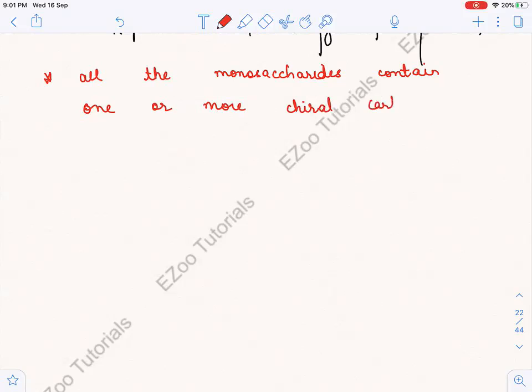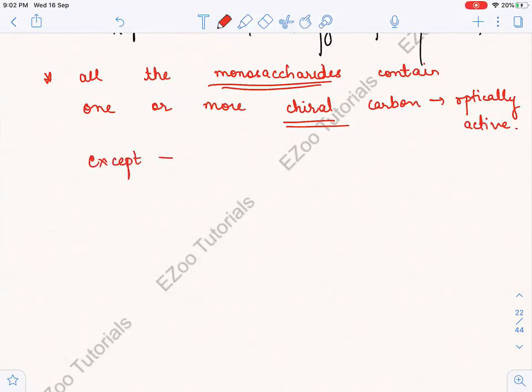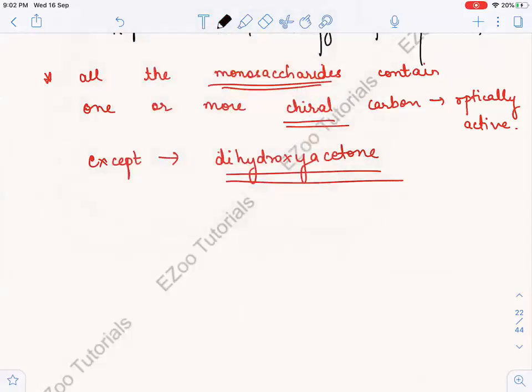Chiral carbon means asymmetric carbon, and that is why they are what? They are optically active, right? We have done this optically active and chiral carbon. All the monosaccharides have chiral carbon except what? Except dihydroxy acetone. This does not have a chiral carbon. Okay, this is a fact which you should know.